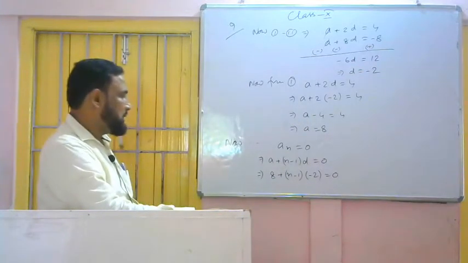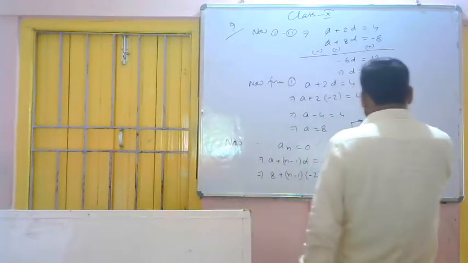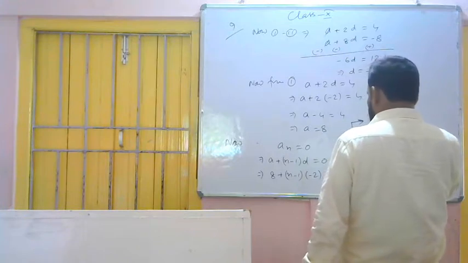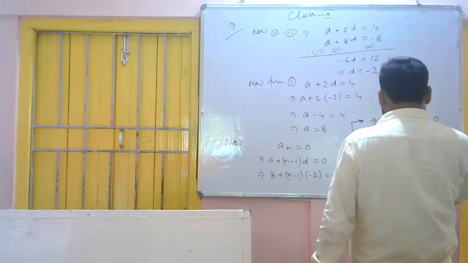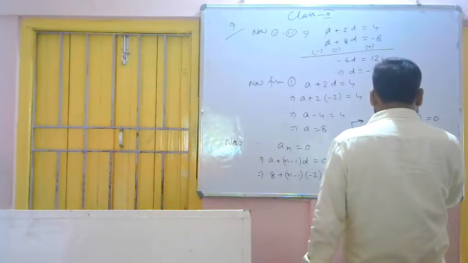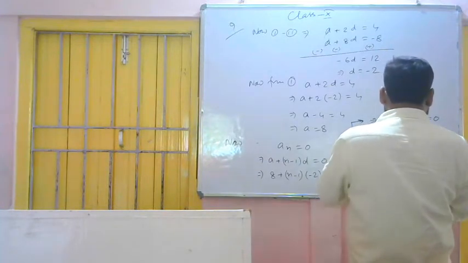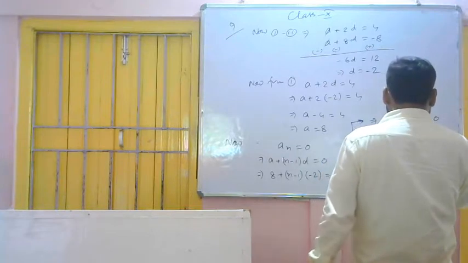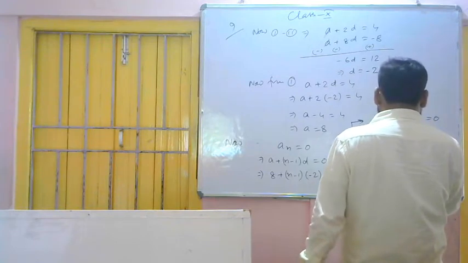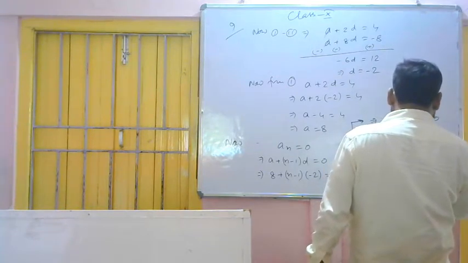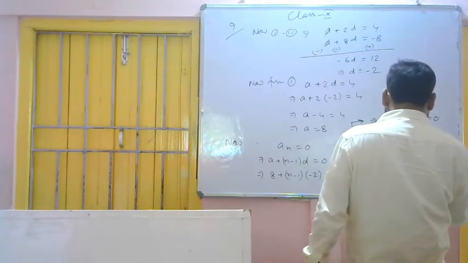This implies 8 minus 2 into N minus 1 is equal to 0, implies 8 minus 2N plus 2 is equal to 0, implies minus 2N is equal to minus 10, implies N is equal to 5.